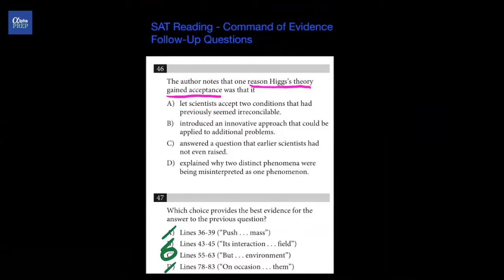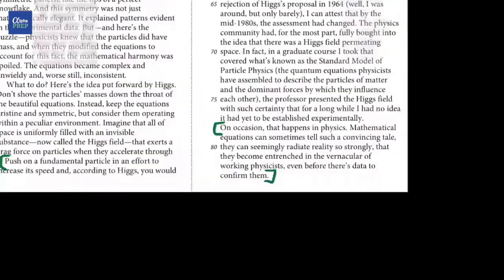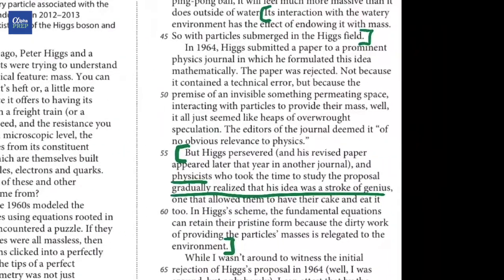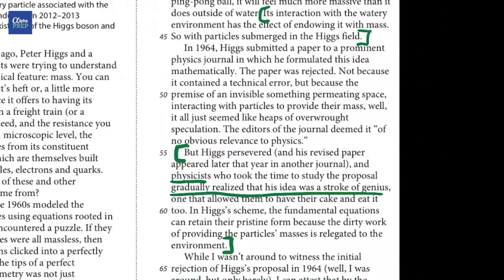So now that we know that C is the correct answer, we can use lines 55 to 63 to answer number 46. So again, we're looking for the reason that Higgs theory was accepted. So let's take a look at lines 55 to 63 one more time. So physicists accept it, they realize it's a stroke of genius, one that allows them to have their cake and eat it too.